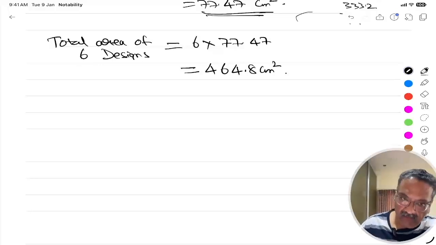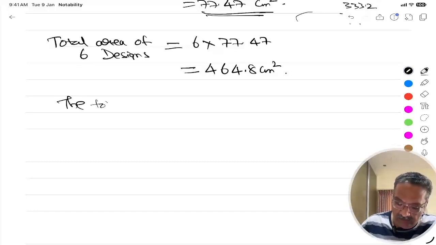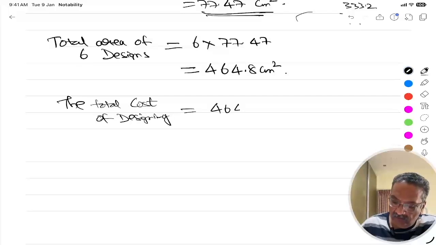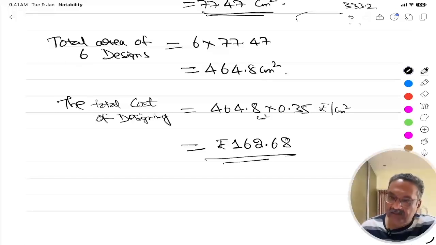So the total cost of designing is equal to 464.8 into 0.35 rupees per centimeter square. This comes out to be, if you multiply, rupees 162.68. A little bit of multiplication you will have to do. Alright.